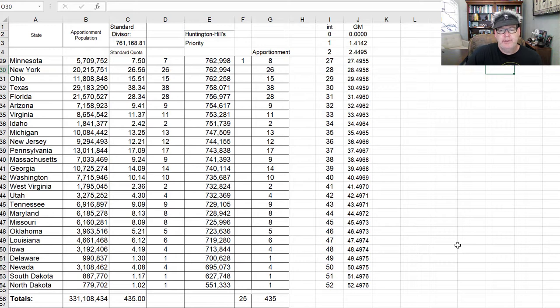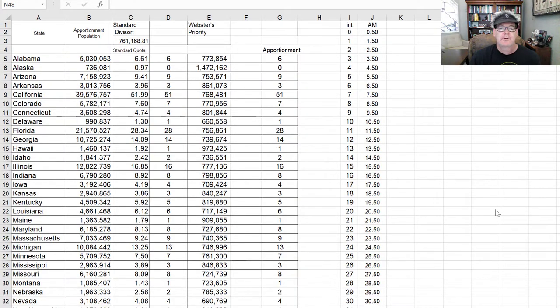And every divisor method, Adams, Jefferson, Dean, Webster, you can do a priority. I'll just look at, say, Webster. So here is Webster's. Take the standard quota, just round down. You know every state will get at least its lower quota. And now for the priority, once again, you divide the state's population by, but not the geometric mean of the number and the next number, but the arithmetic mean.